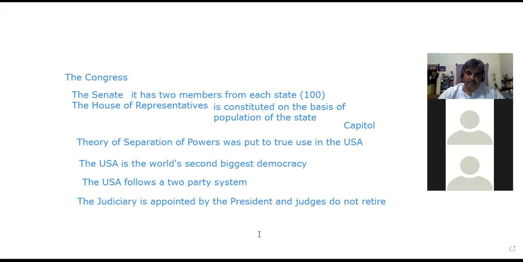And if judges are appointed by the president, then the question is, is there really a separation of powers? Okay. And also remember that I have just given you one example of impeachment of Donald Trump not happening.